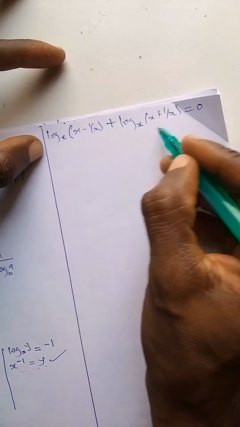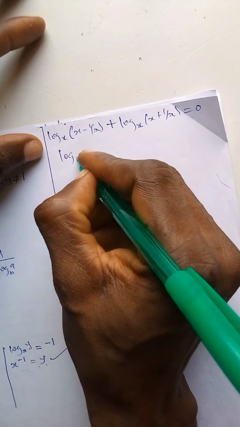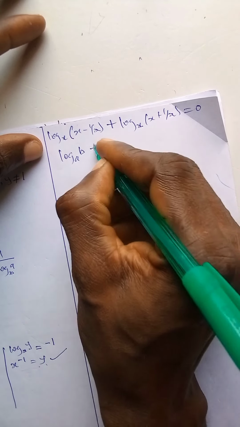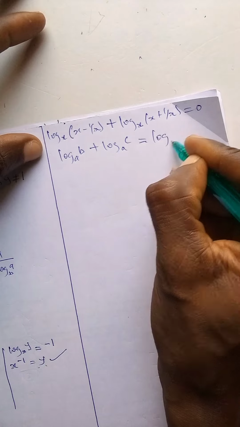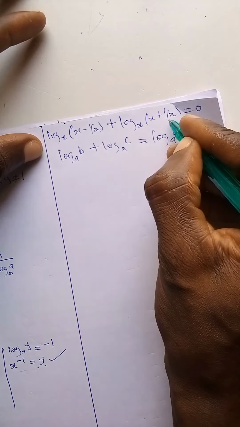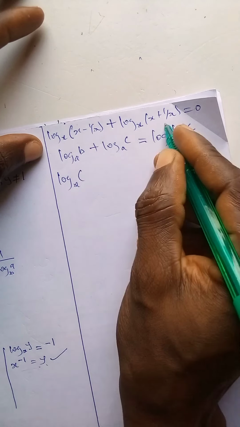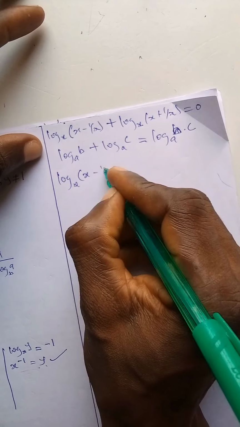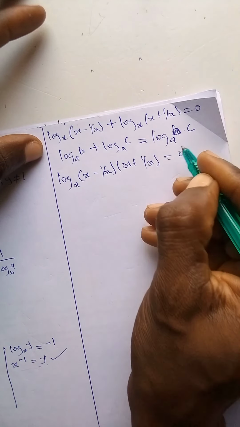Yes. So let us apply the product law of logarithm. In the product law, log to base a of b plus log to base a of c will give me log to base a of b times c. So I will apply it here. I will take one of the log to base x and multiply the terms in brackets. x minus 1 over x times x plus 1 over x is equal to 0.